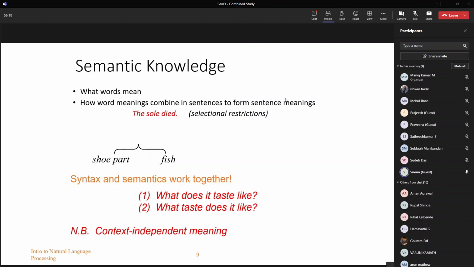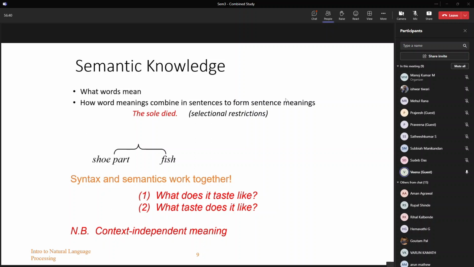Once the context changes, right? What does it taste like? You are eating something and someone is asking how it tastes. What taste does it like? We might be asking about a pet dog, what kind of food you are giving.